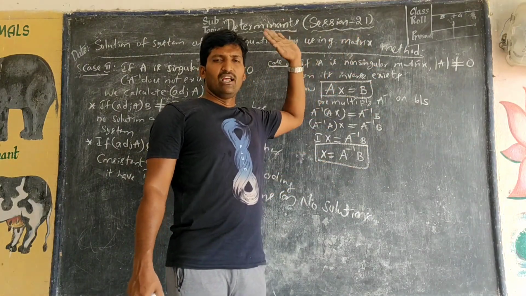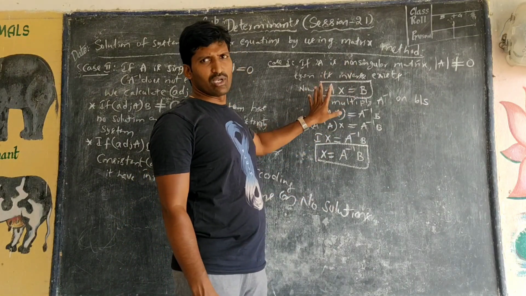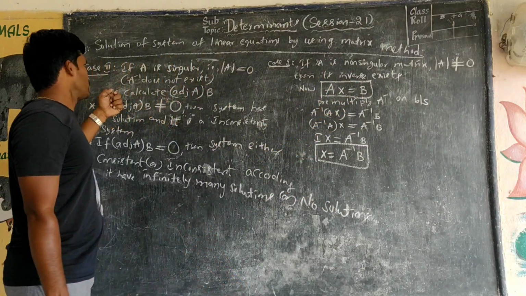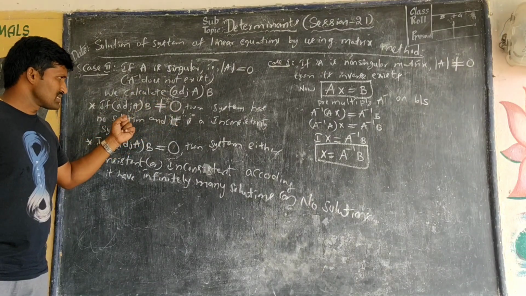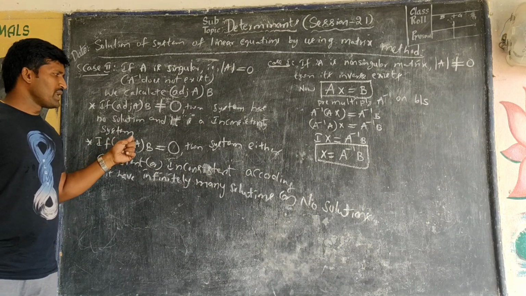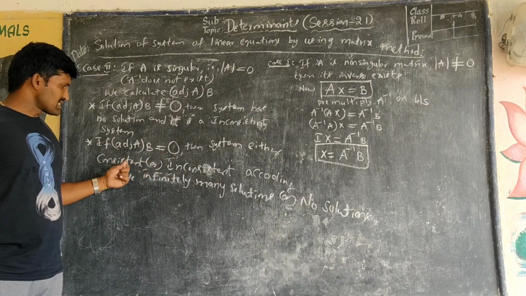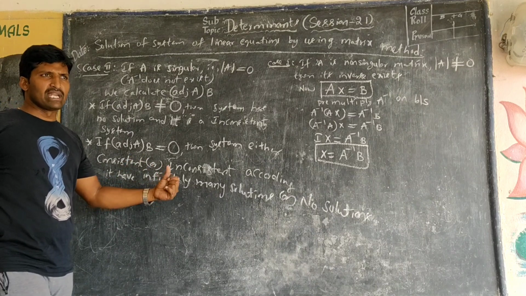Maximum we are doing from this concept, 5 marks model, guaranteed model, by using the matrix method only. Clear? Case 2, I have to remember: adjoint A into B not equal to the zero matrix, the system is inconsistent and has no solution. Adjoint A into B is the null matrix, then the system is consistent or inconsistent, according to whether it has infinitely many solutions or no solutions.